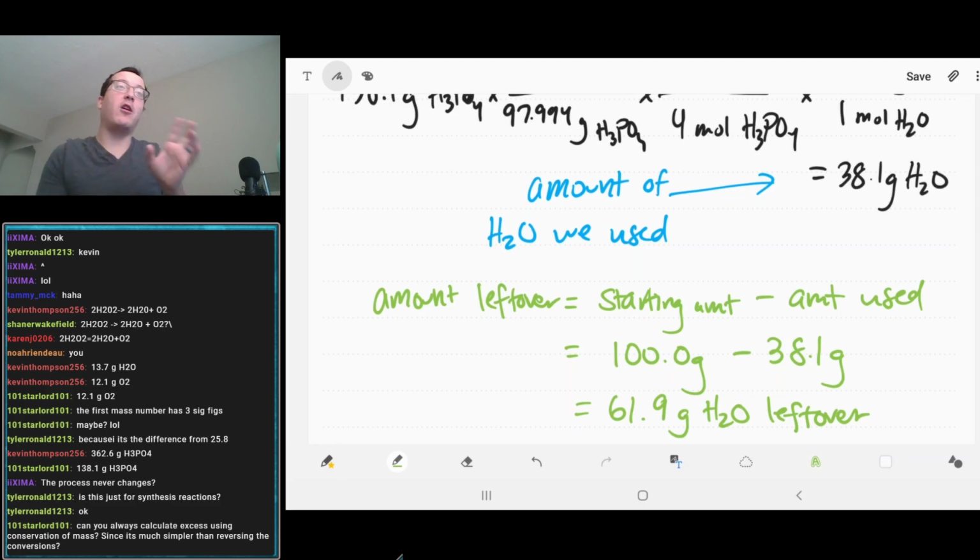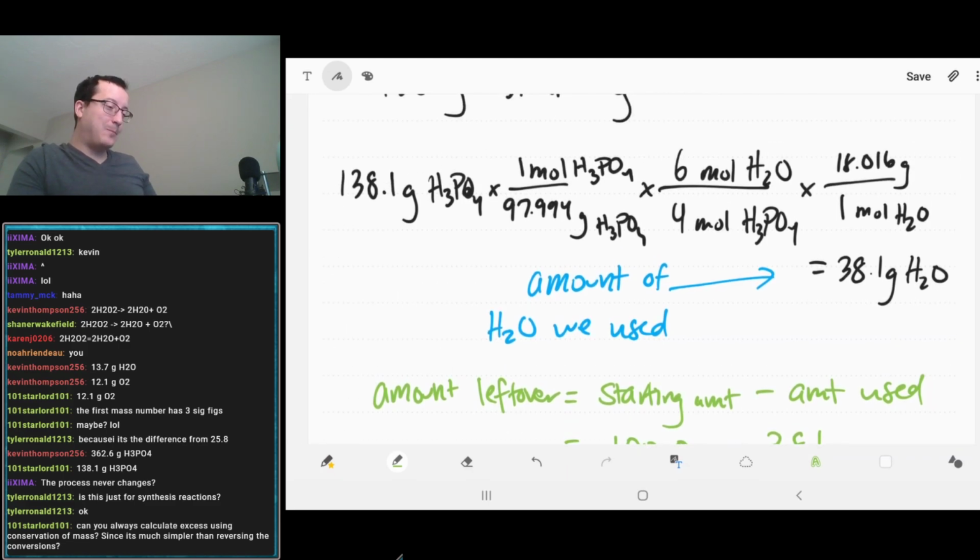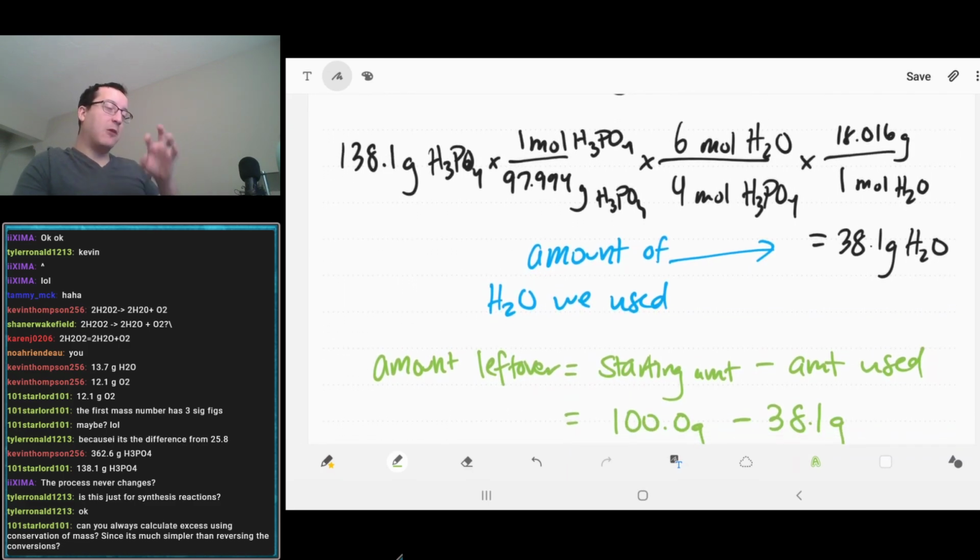Okay, but this should all be pretty logical also. Even though right now we may not need to use this to find our excess, does this make sense as to why this works? We're using our theoretical yield, the amount we could have possibly made with all of those reactants, and seeing how much we would actually use of our excess.